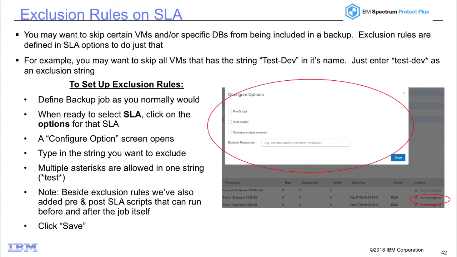You use wildcards, you type it in the configuration options of the SLA and then save it, and when you save the job, those machines will be automatically excluded.